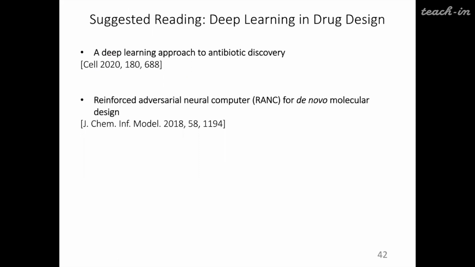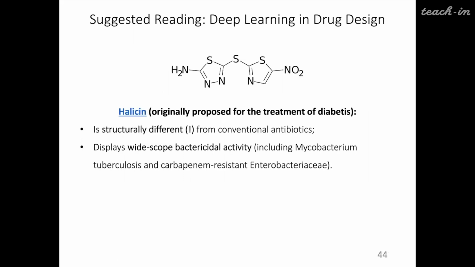So now let's discuss a couple of case studies that I find exemplary on the use of deep learning in drug design. First, let's discuss how deep learning approaches can be used to boost antibiotic discovery.